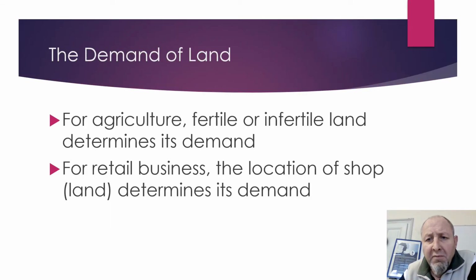So we remember our factors of production. The factor land, natural resources. In agriculture, the fertility of land would determine its demand. In retail, perhaps the location of the shop would be a determinant of demand.